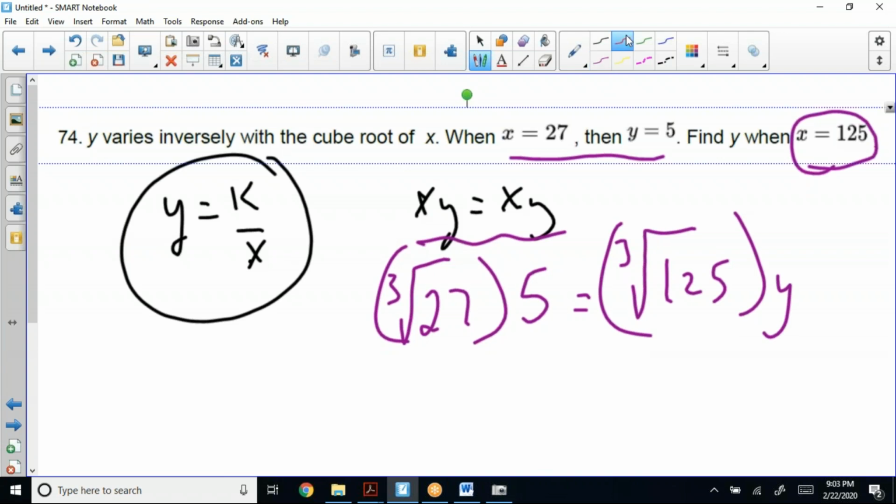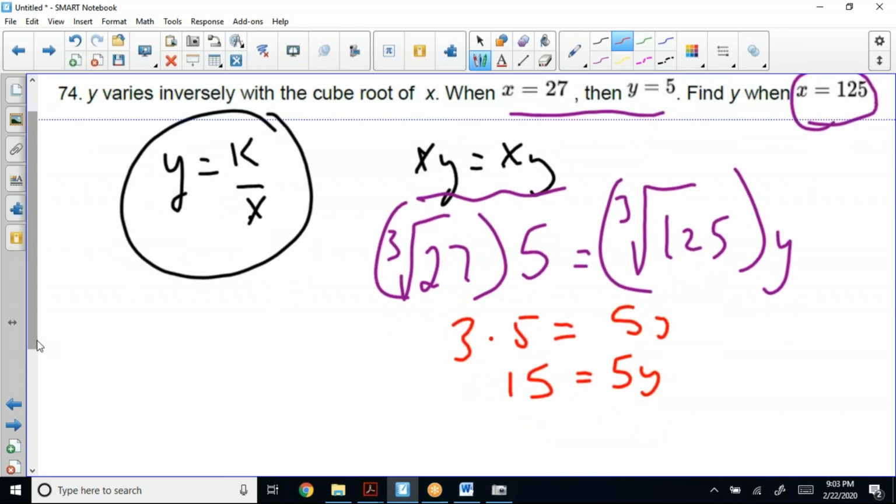The cube root of 27 is 3, so 3 times 5, that's 15. And the cube root of 125 is 5, so that's 5y. Then we divide both sides by 5, and we get y equals 3, right?